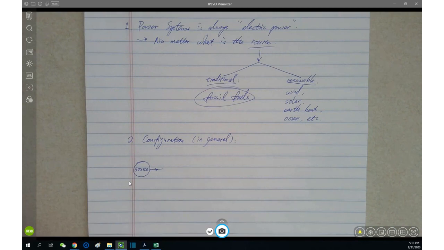We are trying to extract the power out of the source, right? Whatever the source is, who is doing the job of extracting power out of it? If possible, please speak out, that's going to save a lot of time for me. Power companies? Power plant? That's too general, too big.